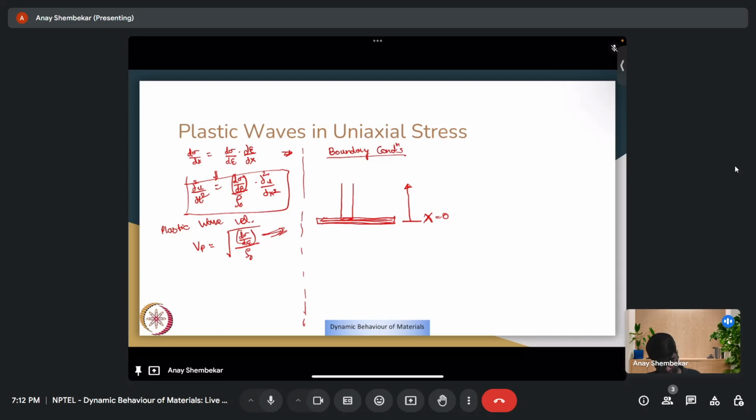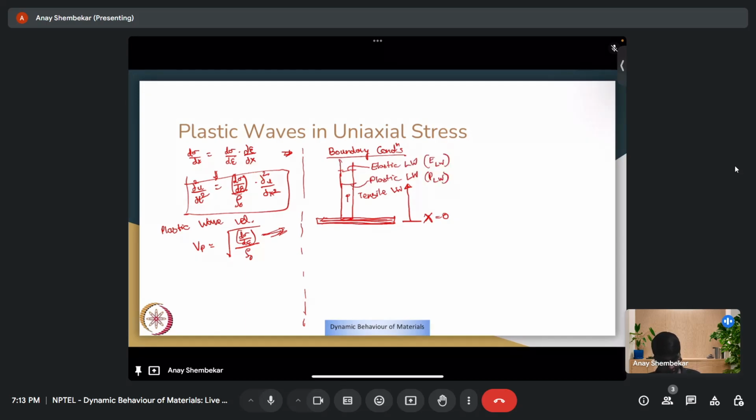There is a longitudinal wave, a tensile longitudinal wave traveling, and it has two wavefronts. There is an elastic longitudinal wavefront, and then there's a plastic longitudinal wavefront. Write this as ELW and PLW.